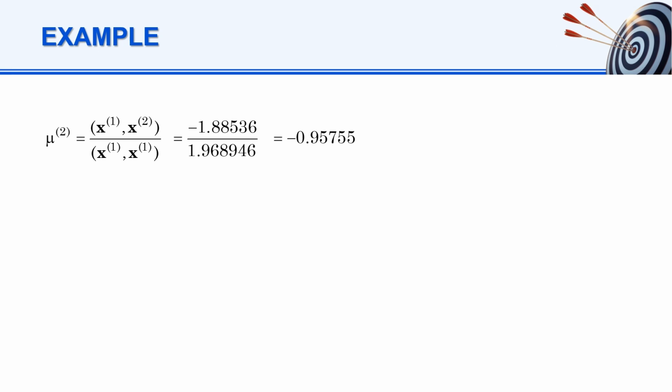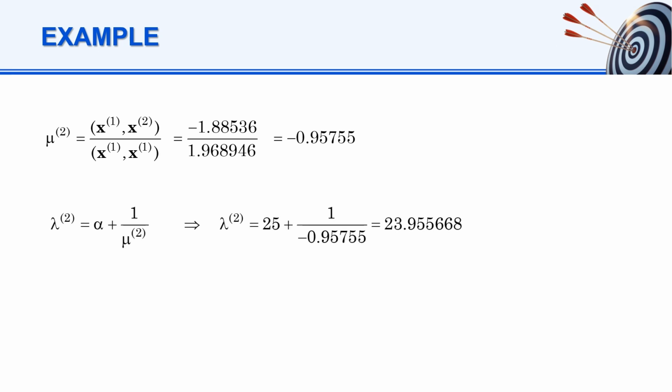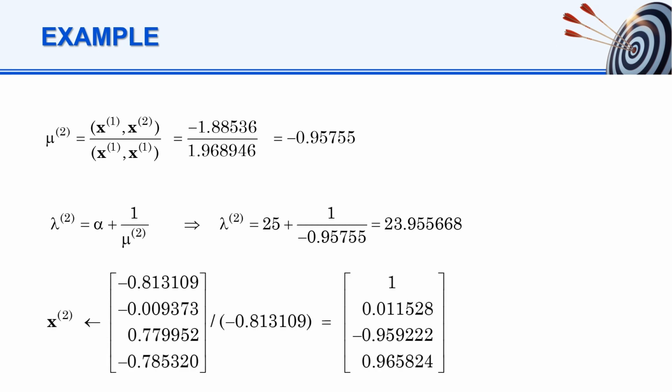The inner product of x1 by itself gives 1.968946, which leads to the mu 2 value of minus 0.95755. The lambda 2 is then obtained as 23.955668. The current eigenvector estimate x2 is normalized before the next iteration step.